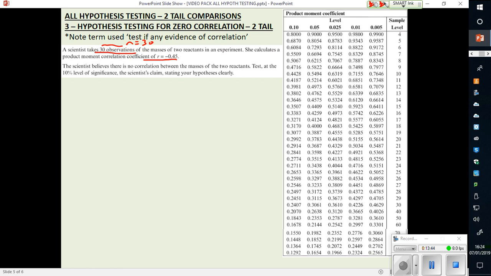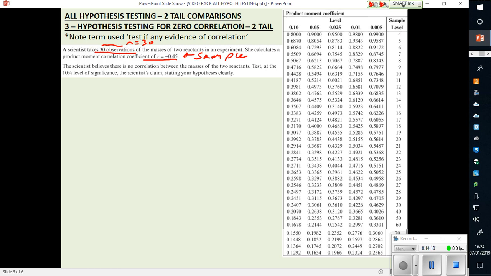The important thing is that this is a sample. The sample generated this r value, and what we're trying to say is, does the whole population follow that correlation? Is it reasonable to say, because the sample had this r value, therefore the whole population will have a similar r value or has some kind of correlation?